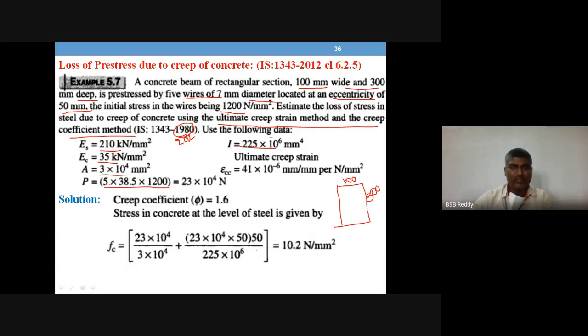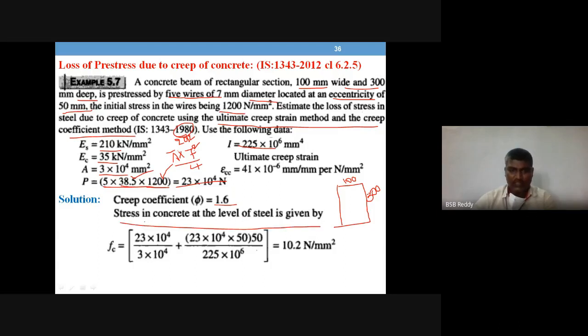For the pre-stressing force, there are 5 wires of 7 mm diameter. So the force is 5 into the cross-sectional area of one wire, which is pi d square by 4, that is pi into 7 square by 4, into the stress 1200. Creep coefficient is taken as 1.6, which is taken from the IS code, from the table given in clause 6.2.5.